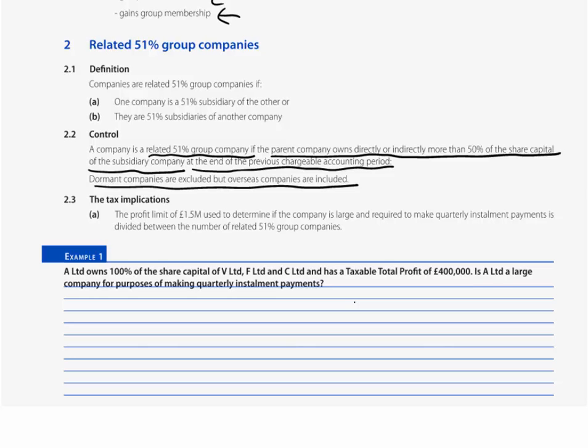Therefore, divide your profit limit of 1.5 million by 4. And this company has a TTP of £400,000. Is A Limited a large company for purposes of making quarterly instalment payments? Now think about that in the context of what we have already said and write your answer down, please. Then check through with the model answer in the back.